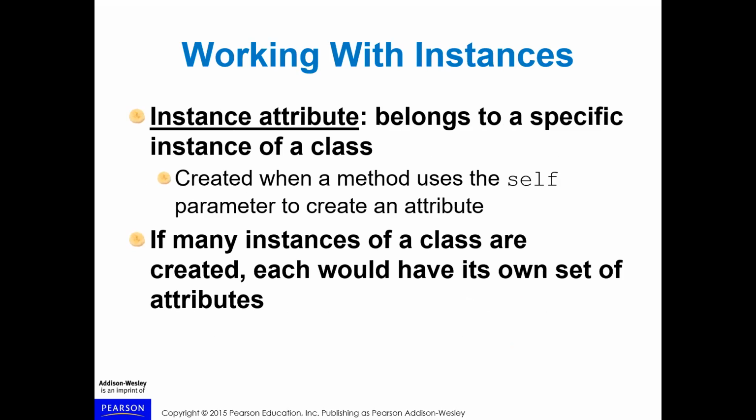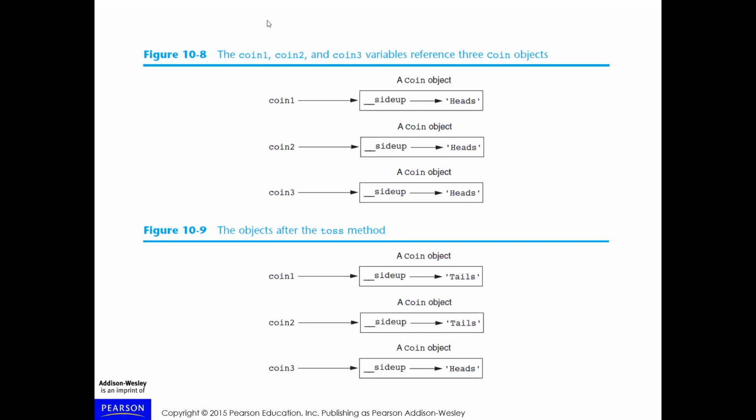I think that's probably obvious. I think I've said this before. The wording here seems strange, but it's summarized there: if many instances of a class are created, each would have its own set of attributes, basically.